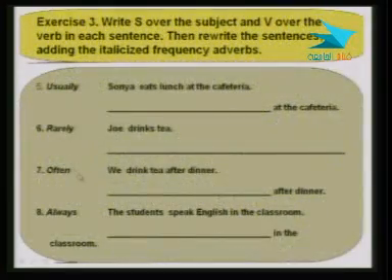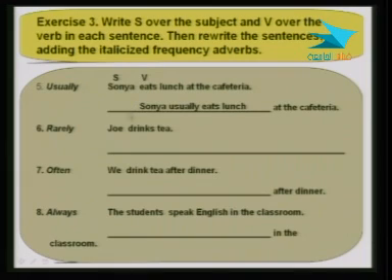And the rest of the exercise here, number 5, usually, right? Where do we place usually? Right here, between Sonia and the verb eats. This is the subject, this is the verb, and the sentence is like that. Sonia usually eats lunch.